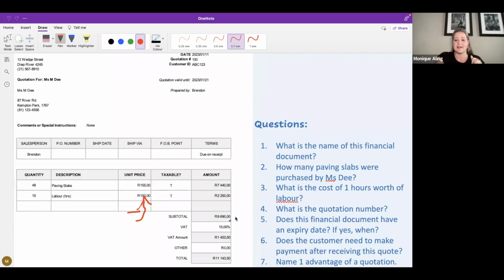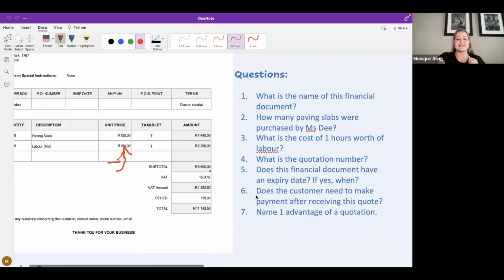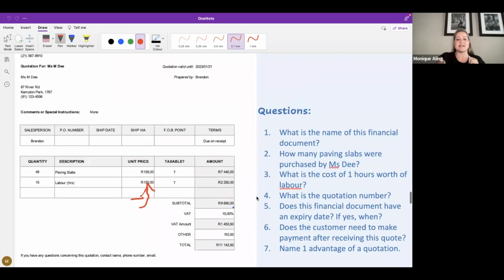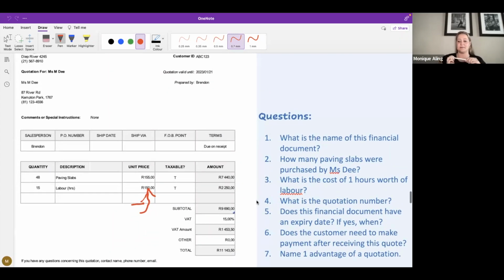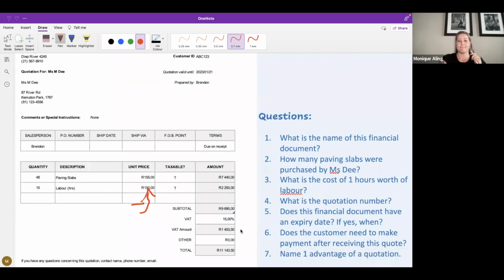Okay. Does this financial document have an expiry date? If so, when is the expiry date? Okay, good.